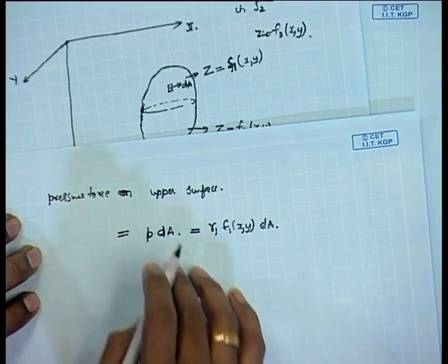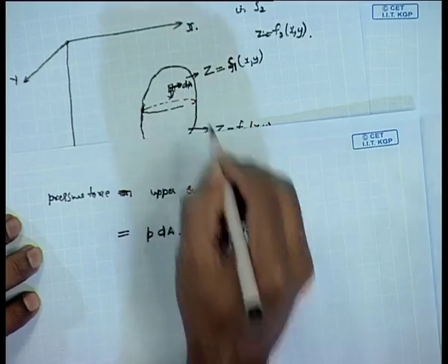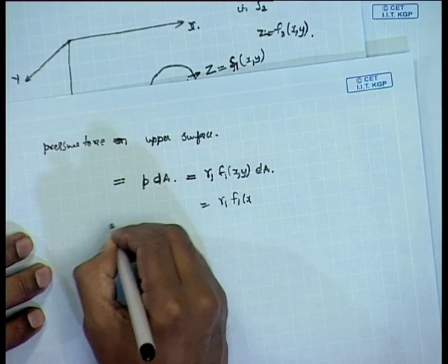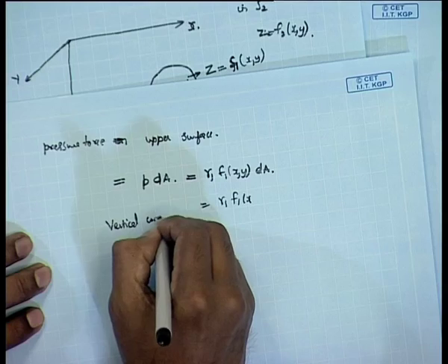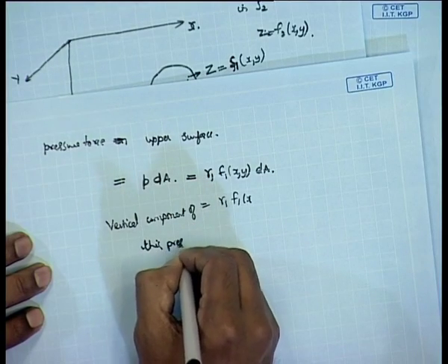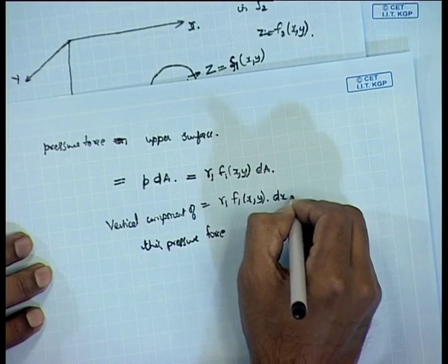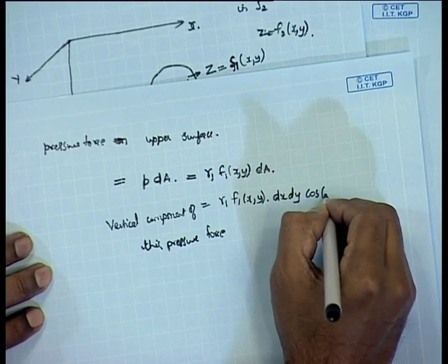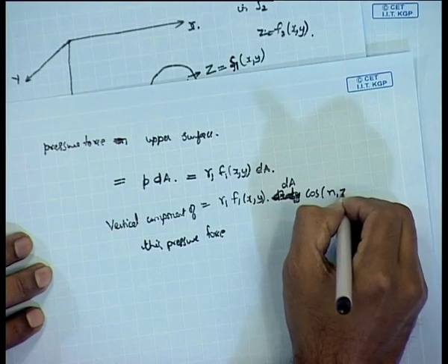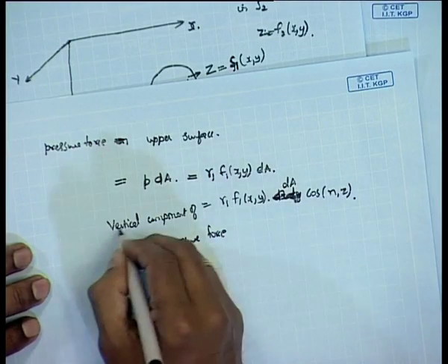It will have an angle with the vertical, whatever that angle may be. So the vertical component of this pressure force is given by gamma F1 of x y into dA into cos of the angle between n and z.